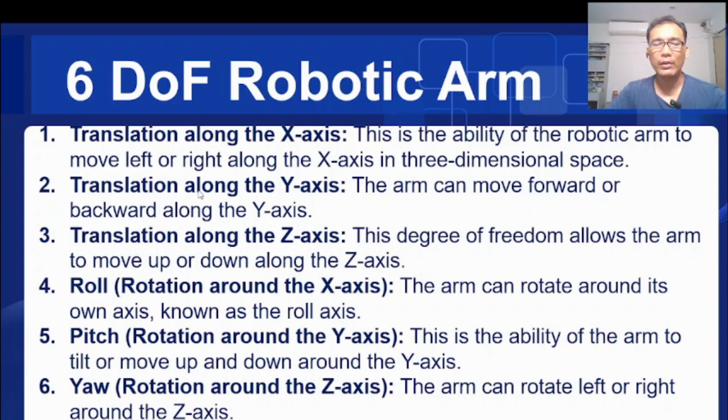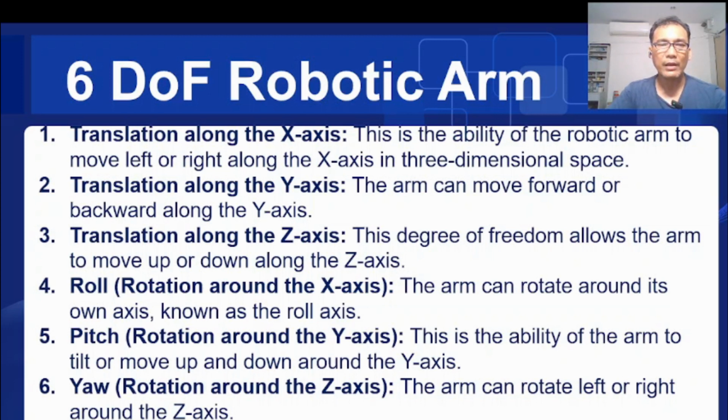And then number 2 is the translation along the y-axis. So the arm can move forward or backward along the y-axis. And then number 3, translation along the z-axis. This degree of freedom allows the arm to move up and down along the z-axis.